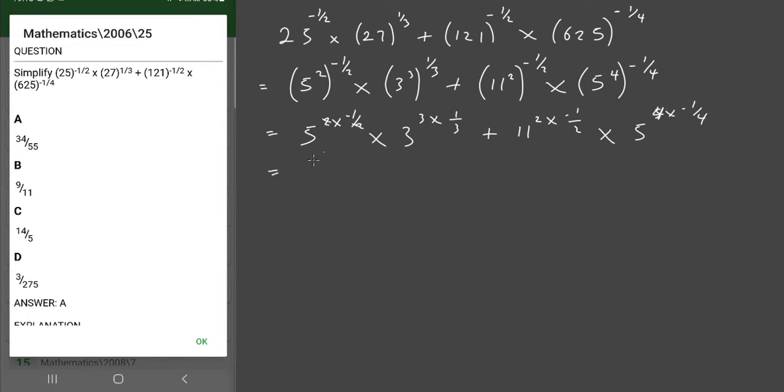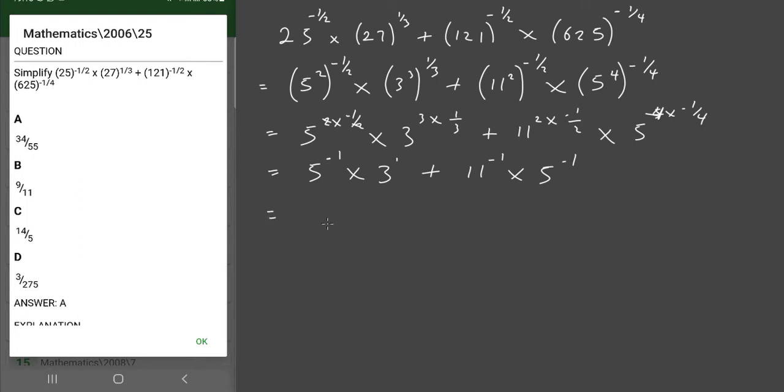So these two cancel out, and you're left with 5 raised to the power of minus 1. Then 3 cancels out 3, giving 3 raised to the power of 1, plus 11, 2 cancels out 2, you have minus 1, times 5, 4 cancels out 4, we are left with minus 1.